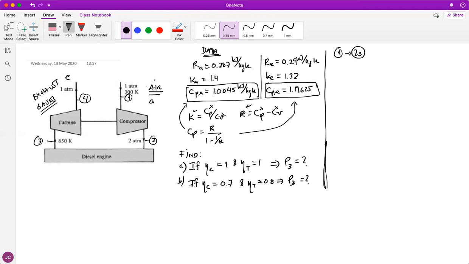I also need it for the B part of the problem, because you cannot go to the real problem, that is real because it has some efficiency that is not equal to 1, that is for real machines. I always need to pass, or most of the times I would say, I need to pass through the isentropic process. So it's just a way of doing this type of problems.